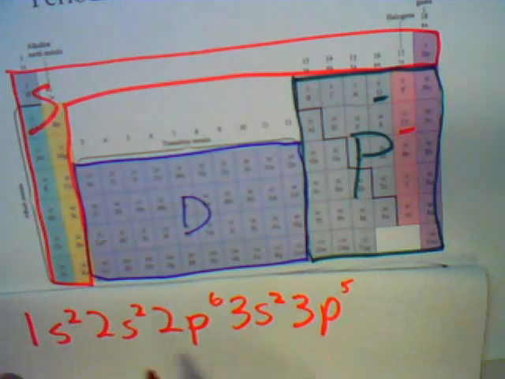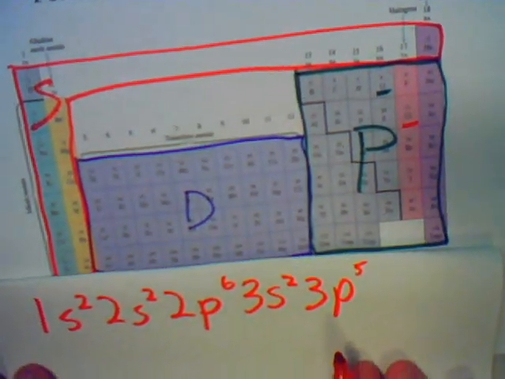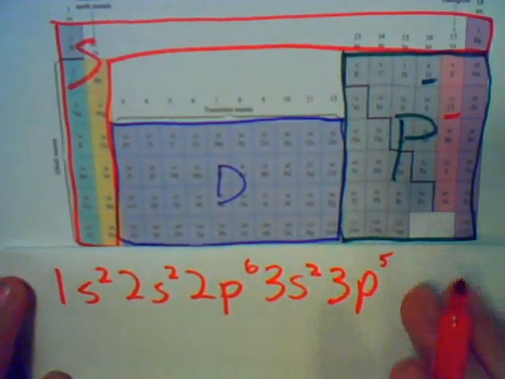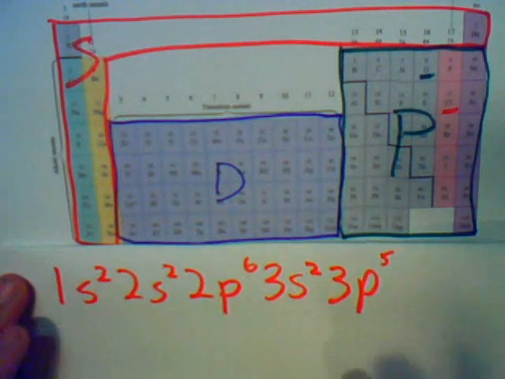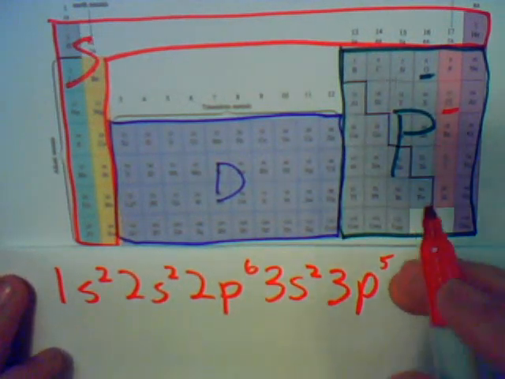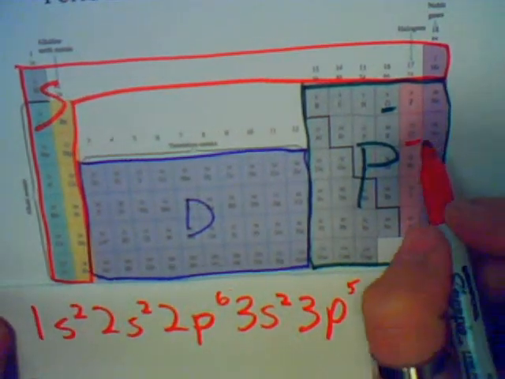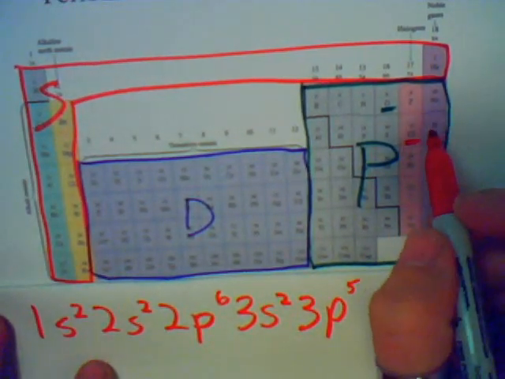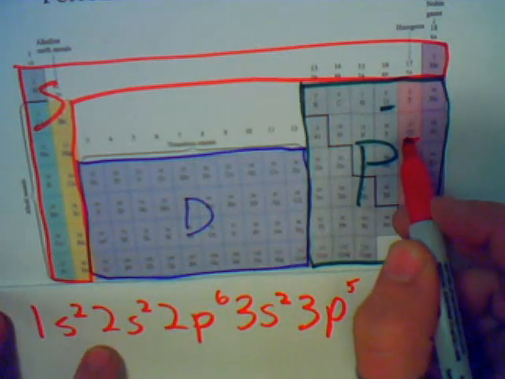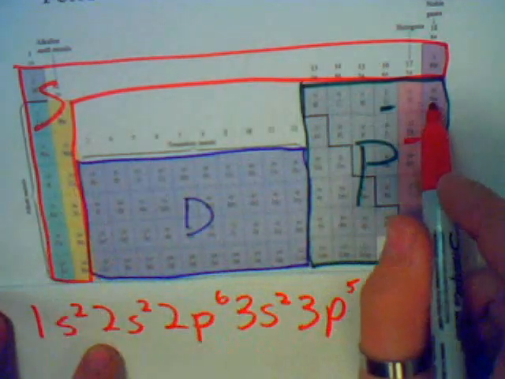So this is kind of long, and chemists, as any scientists, are fairly lazy, so they don't like to write this out all the time. So they have another way of writing this, and so if we're at chlorine here, they look at, so these are the noble gases, they look at the next noble gas.